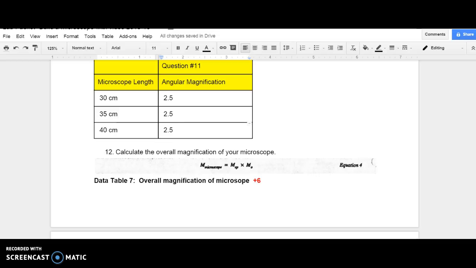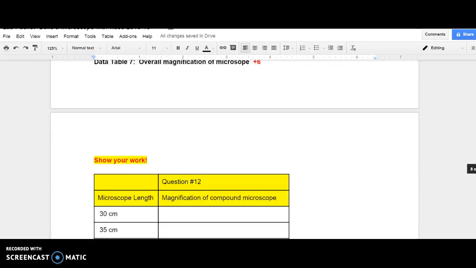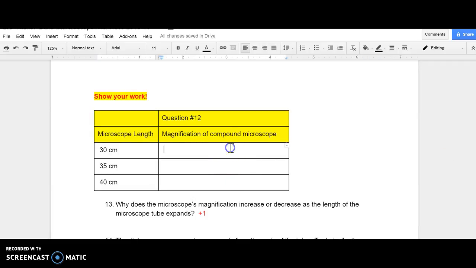Last but not least, it says calculate the overall magnification of your microscope. So for my 30 centimeter microscope, the equation here is the magnification of the objective lens, which I calculated to be 2.6, times the magnification of my eyepiece lens, which I calculated to be 2.5, and that equals 6.5.